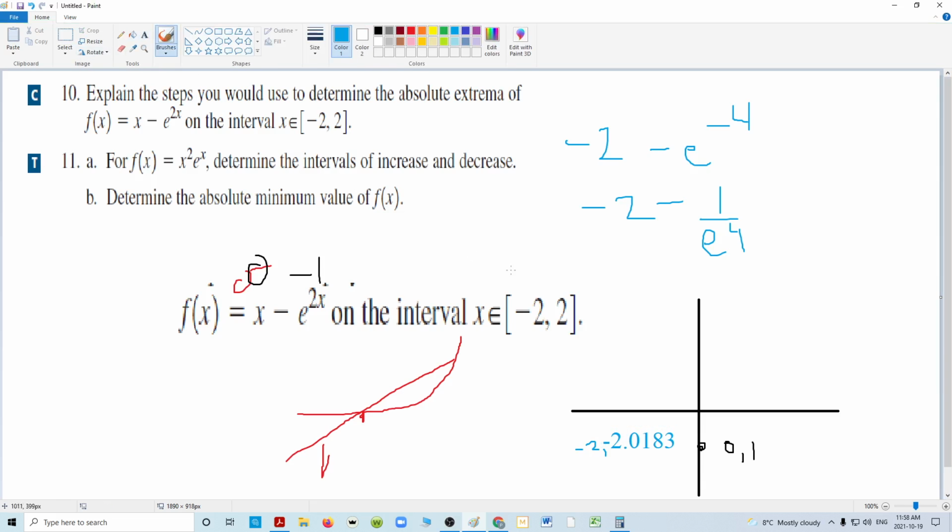When x is minus 1, we get minus 1 minus e to the negative 2, which is minus 1 over e squared. So we're also going to get a very small number.